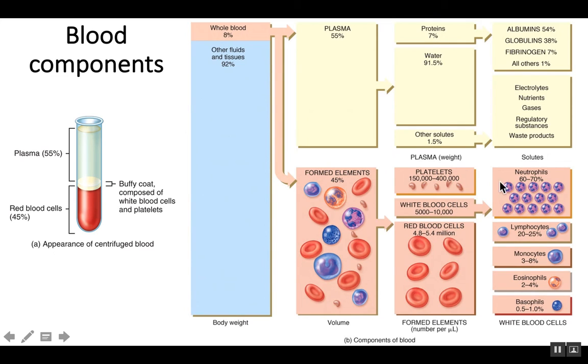Most of them in your bloodstream are called neutrophils, 60 to 70%. Lymphocytes are quite abundant, 20 to 25% of your white blood cells. Monocytes, eosinophils, and then the rarest is the basophil. We're going to get to all these guys and their functions later on in this PowerPoint.